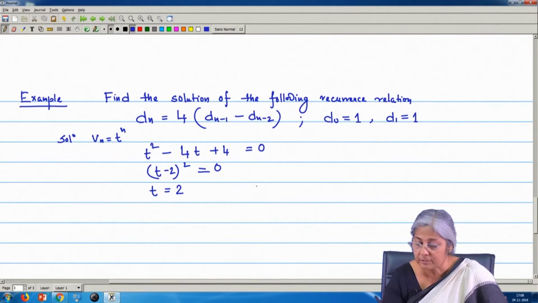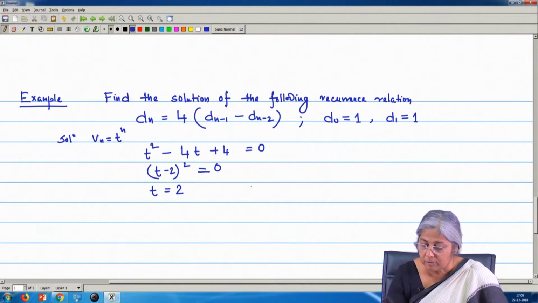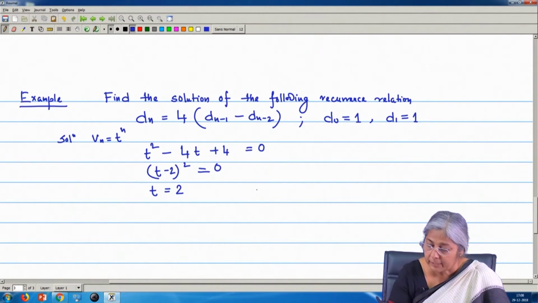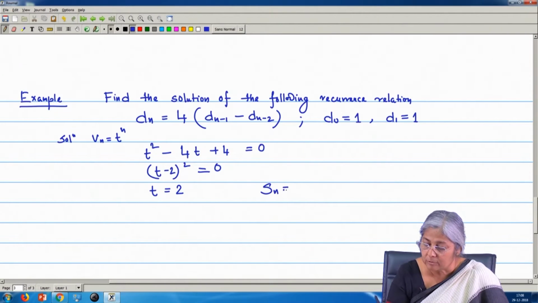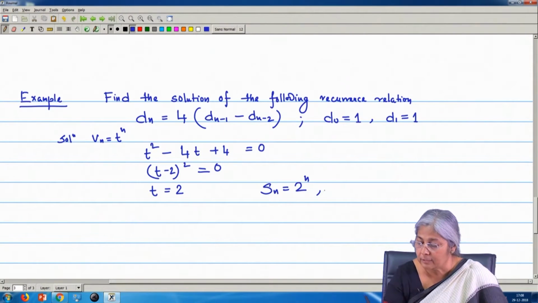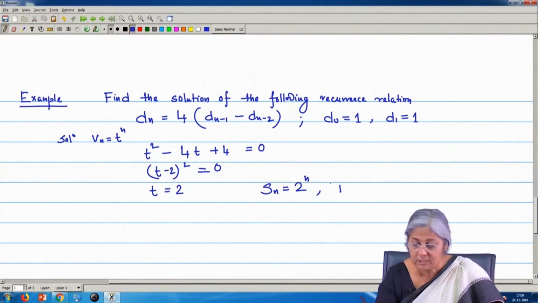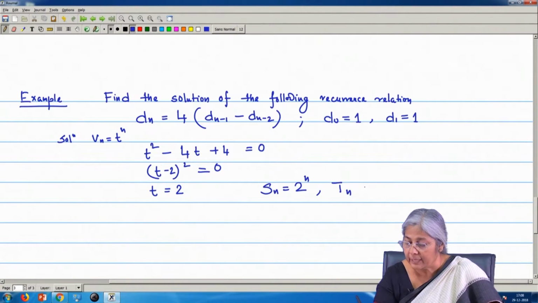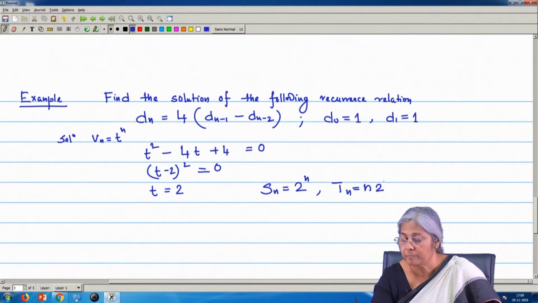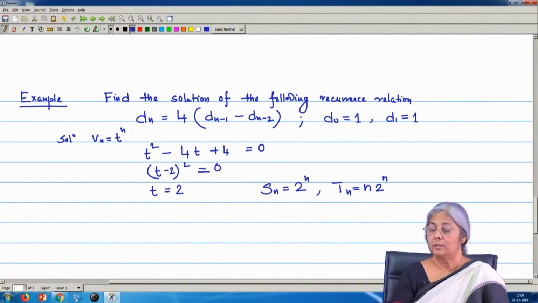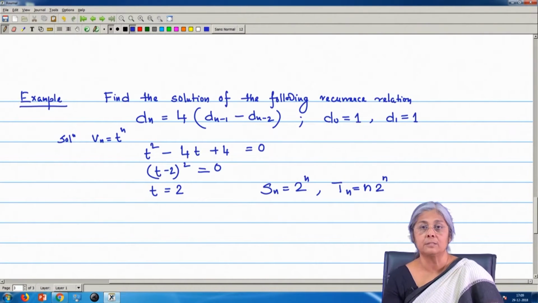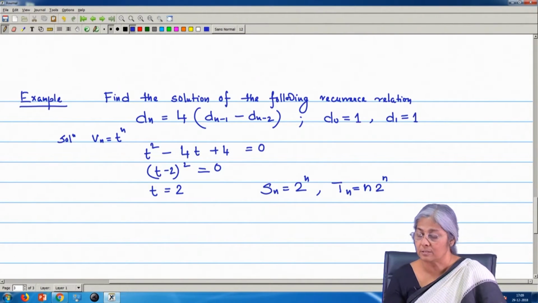we take the convention because t equal to 2. So, I can take S n equal to 2 to the power n and T n equal to n 2 to the power n, from the previous theorem, the theorem we just discussed.